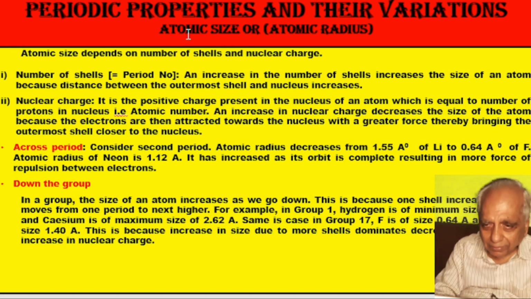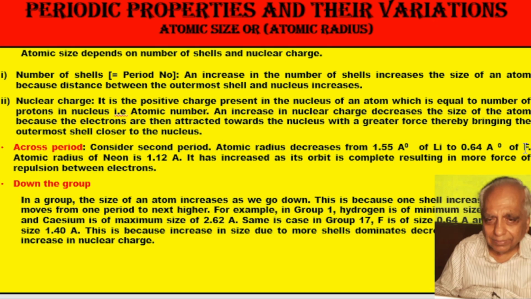So I have given certain values also. Consider the second period. For lithium, the size is 1.55 angstrom. Angstrom means 10 raised to minus 10 meter, and it becomes only 0.64 angstrom for fluorine at the 7th. Neon, having all orbits complete, is a stable atom.